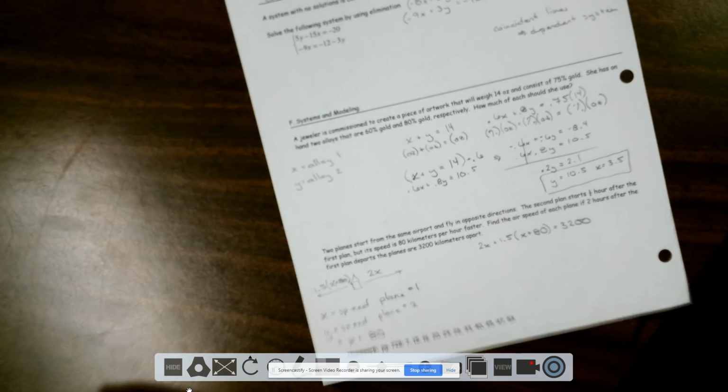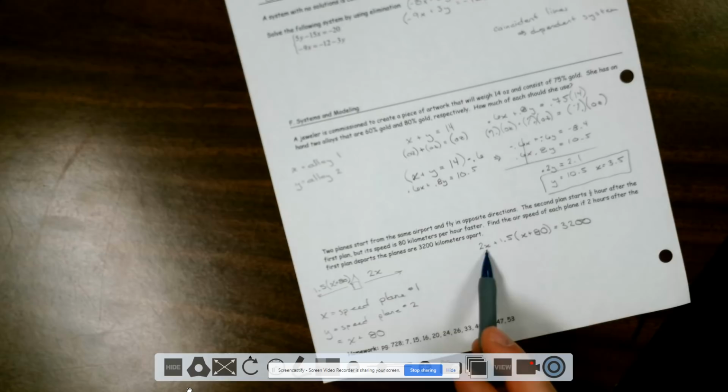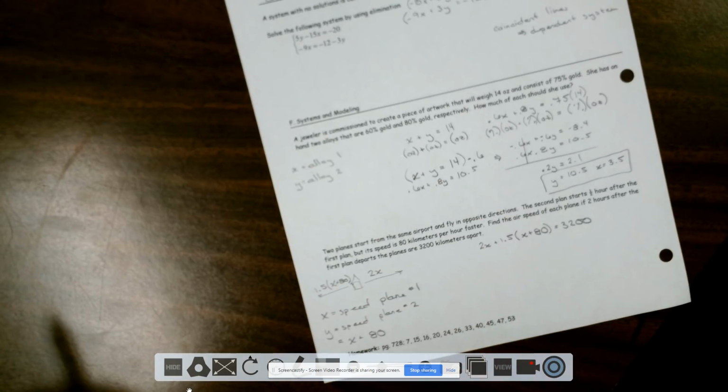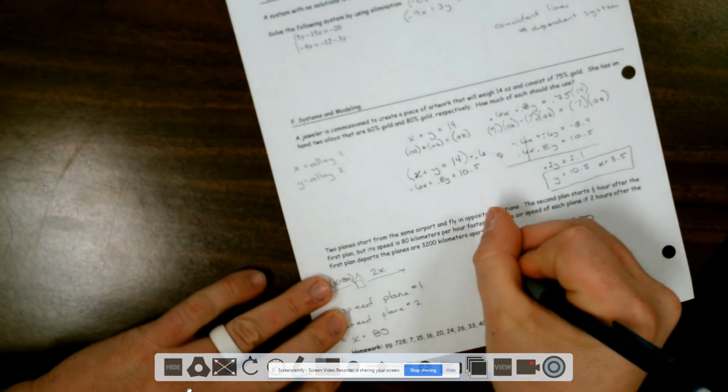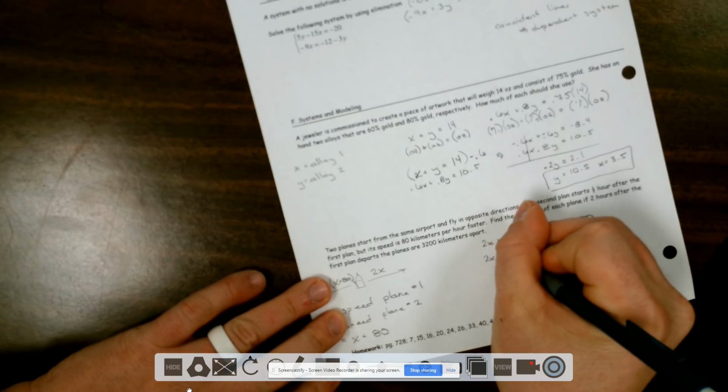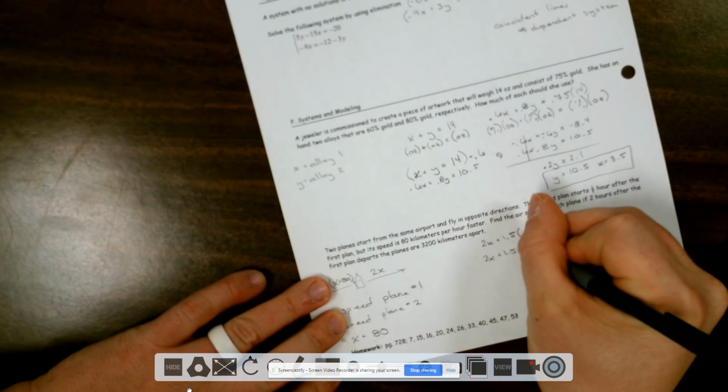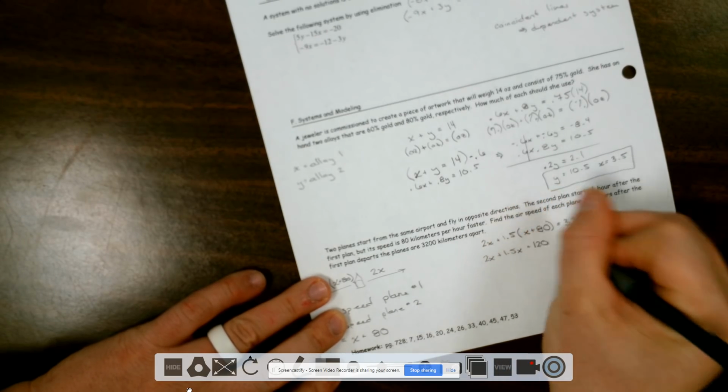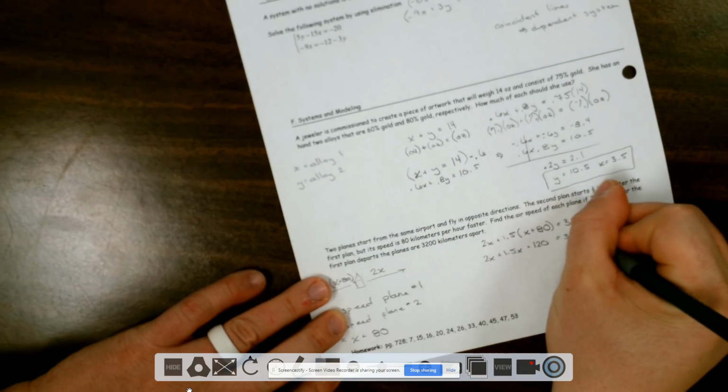So you see now we've kind of skipped the step of having a two variable system needing two equal signs in order to solve for those two variables. We now have one equal sign, and we only need it because we only have one variable total to solve for. So some quick math, 2x plus 1.5x plus 120 is equal to 3,200.